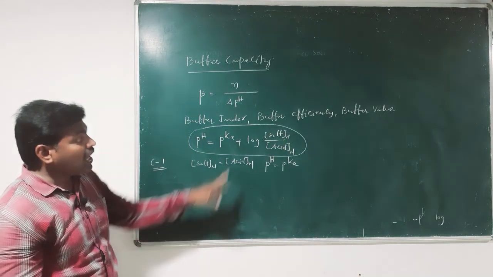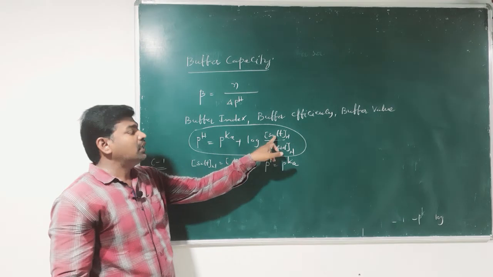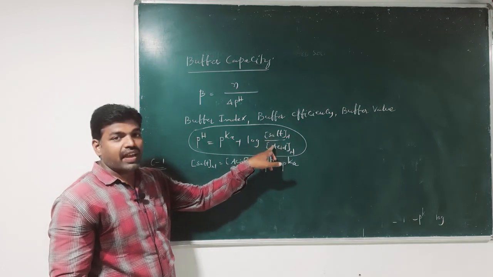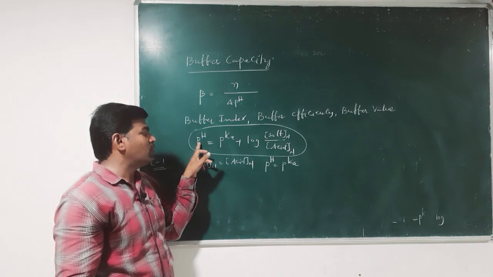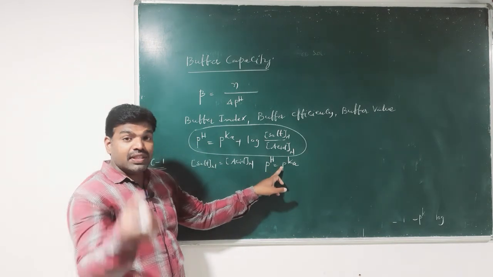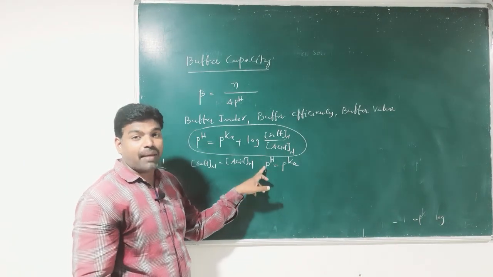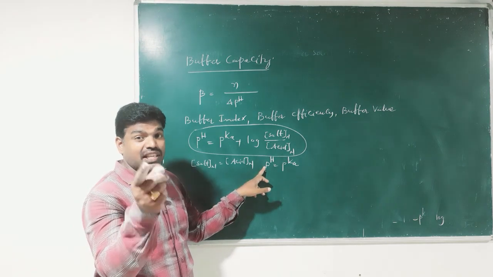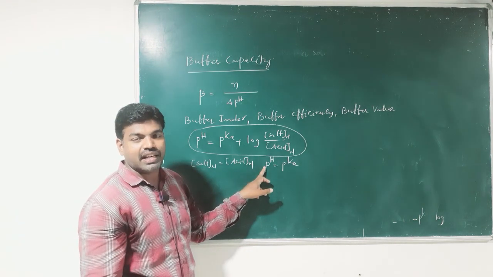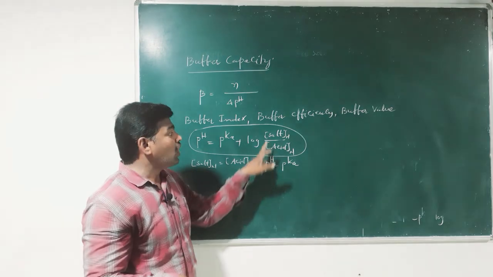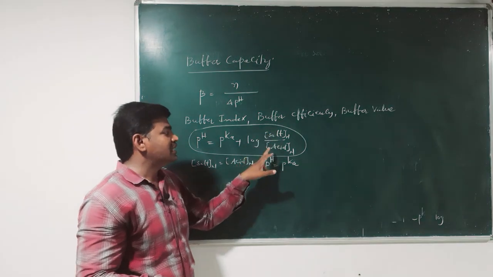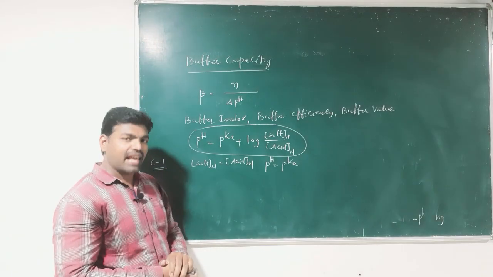So if concentration of salt is equal to concentration of acid, the buffer pH is equal to pKa. In this condition, buffer capacity or buffer efficiency is maximum.